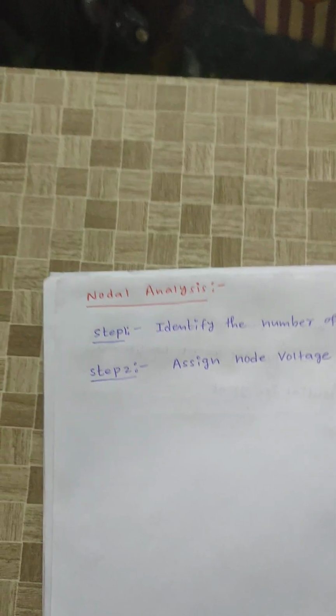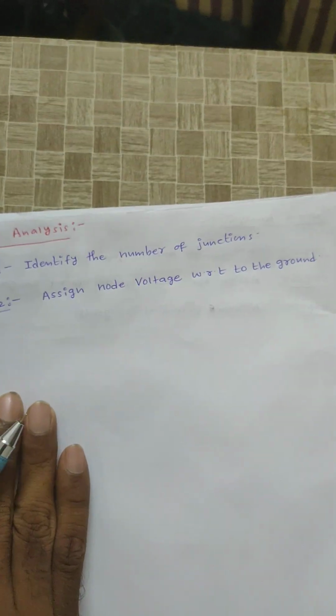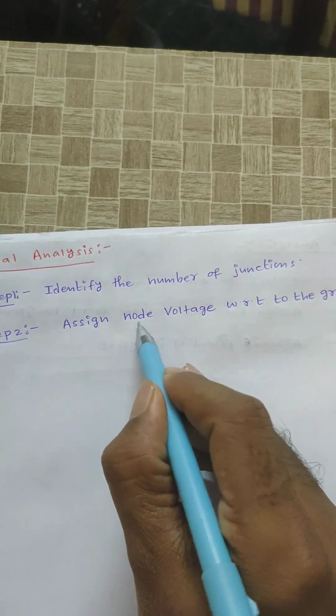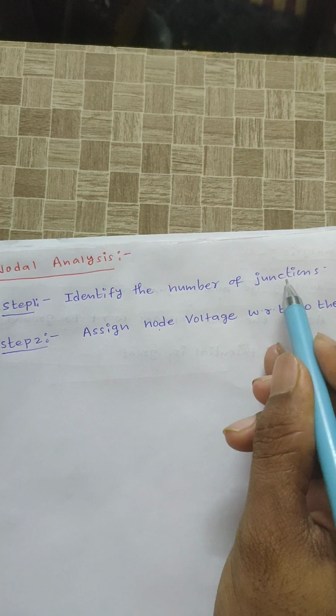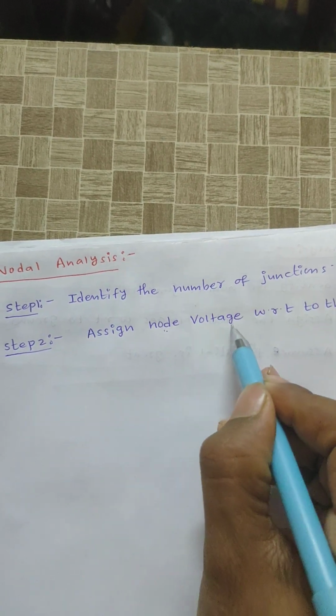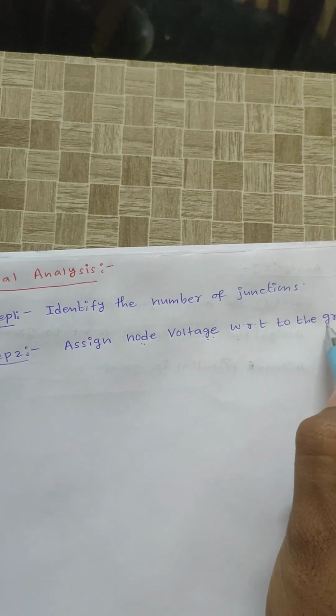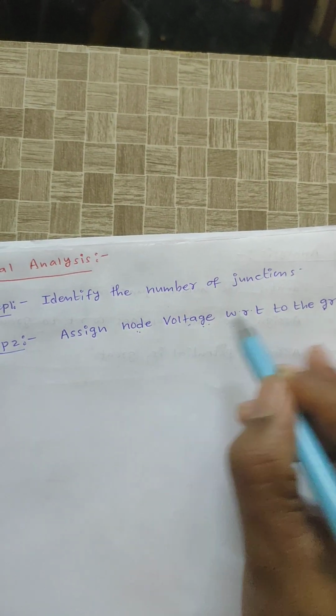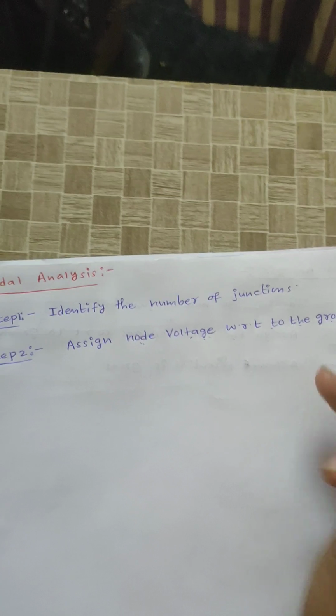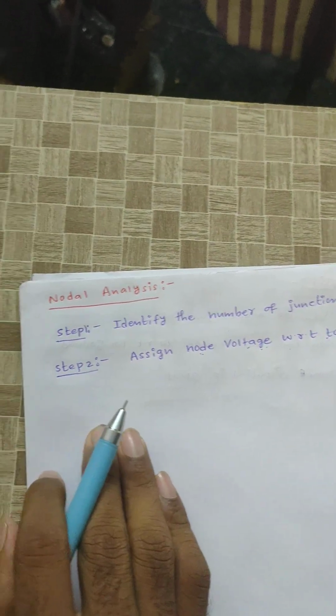That means after identifying the number of junctions, we need to assign node potentials, and among those node potentials one should be a ground. We need to give node voltage with respect to the ground.